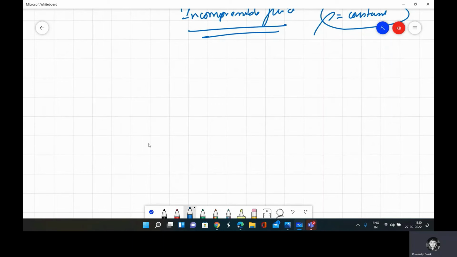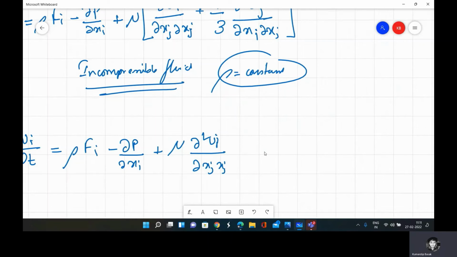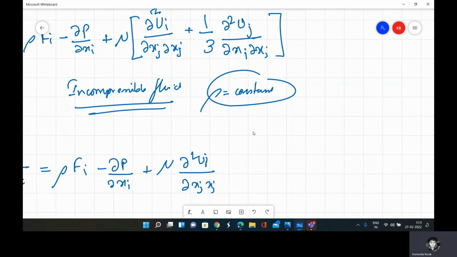We are getting for incompressible fluid rho du by dt equals rho fi minus dou p by dou xi plus mu del square ui by dou xj dou xj. What is the change? The change is where this term has gone. That is, you understand, the part from the divergence.